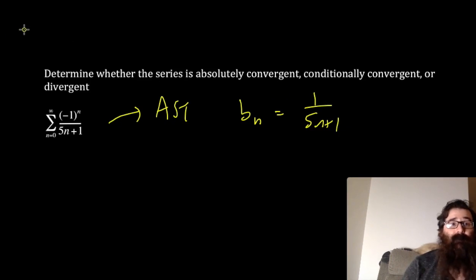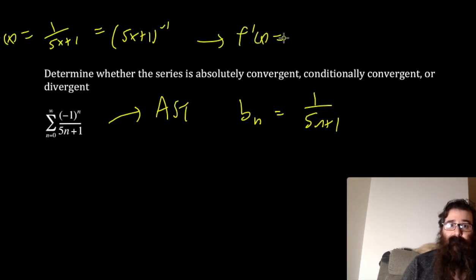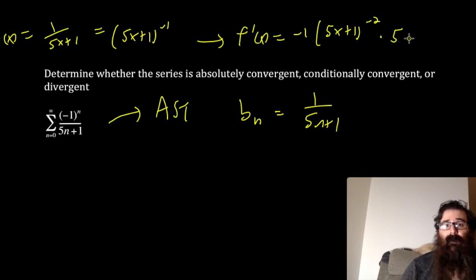If I model this by a continuous variable, f of x equals 1 over 5x plus 1, or 5x plus 1 to the power of minus 1, then my derivative would be negative 1, 5x plus 1 to the power of minus 2, times 5 by the chain rule. Cleaning this up, that's negative 5 divided by 5x plus 1 squared.